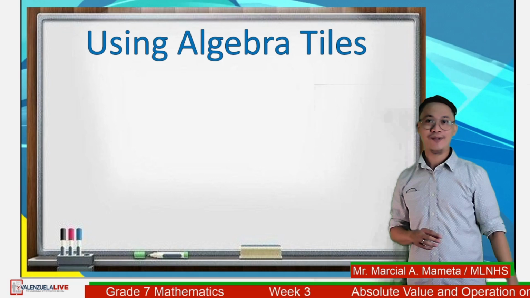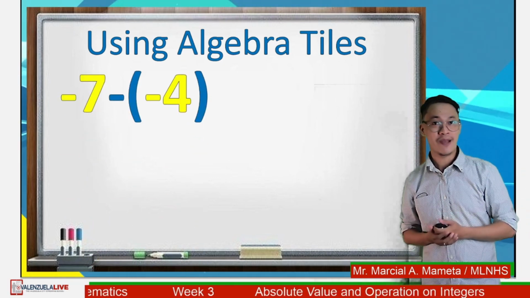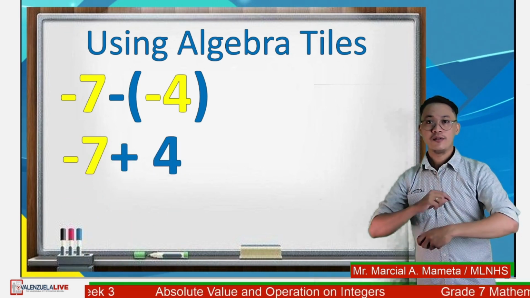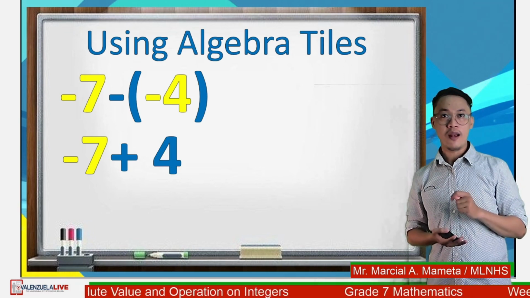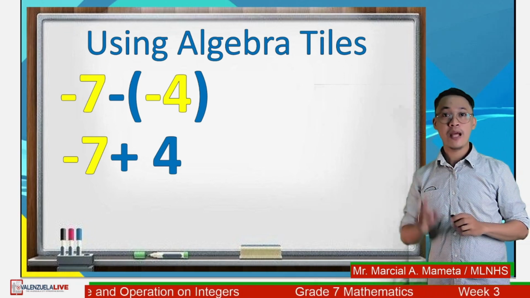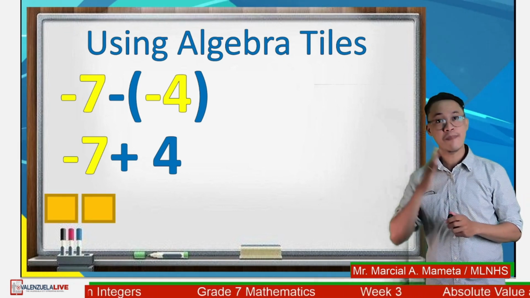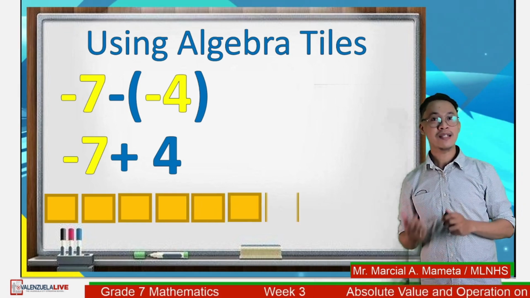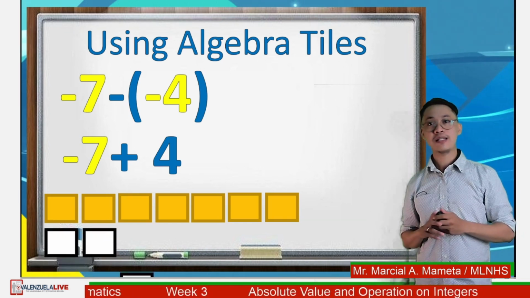Another example. Using algebra tiles again. Negative 7 minus negative 4. Negative 7 minus negative 4 is also equal to negative 7 plus 4. So we need to have 7 yellow tiles, plus 4 white tiles.